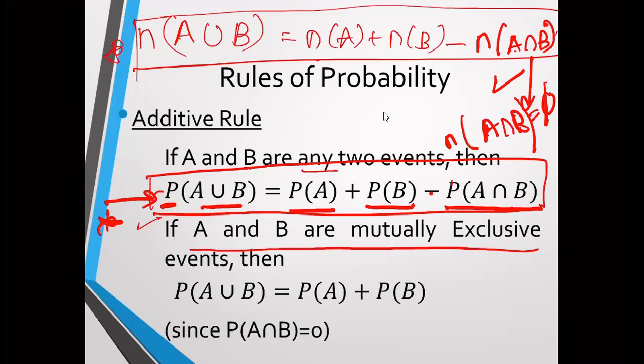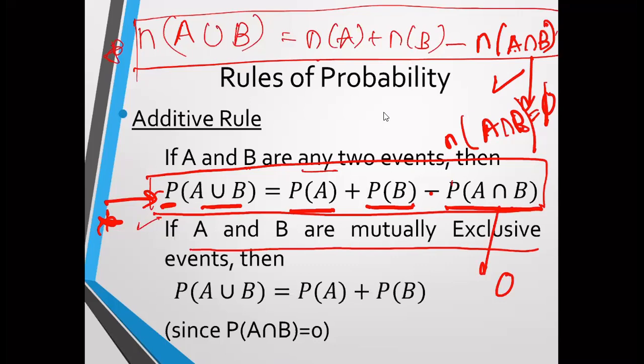Null means no. Number of elements in a null set is 0. Therefore, what about the probability of A and B? If there is no element in A and B, then the probability is going to be 0. It's obvious. Therefore, it's an important rule.